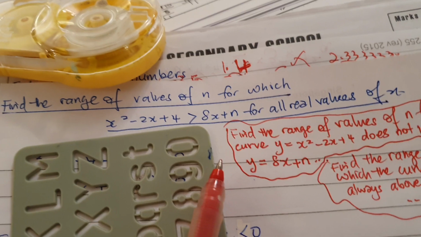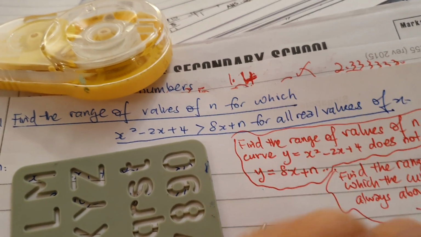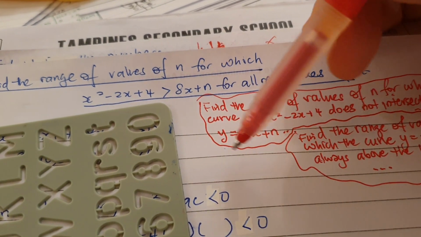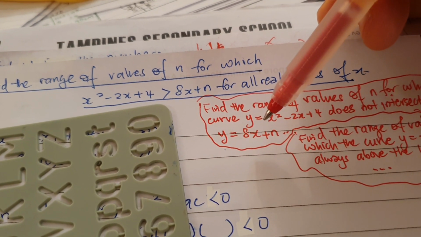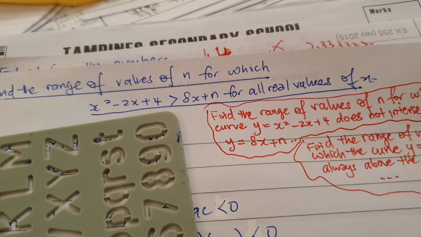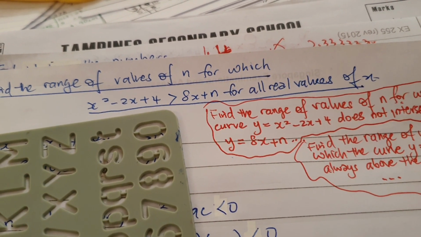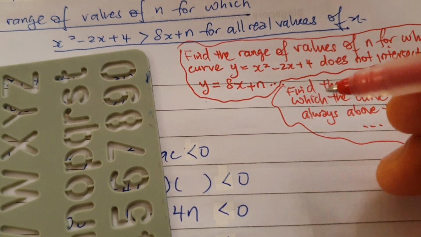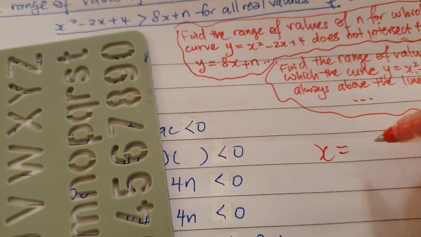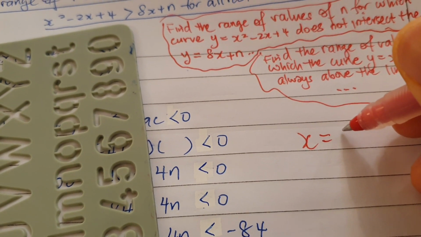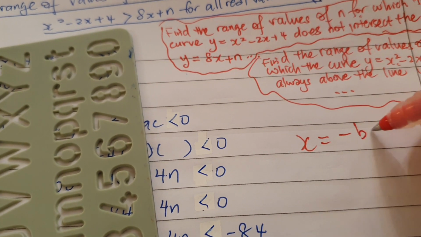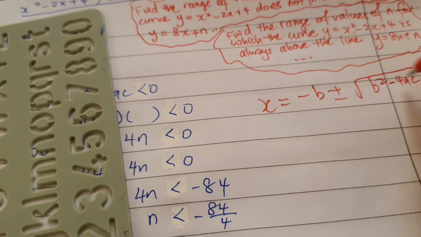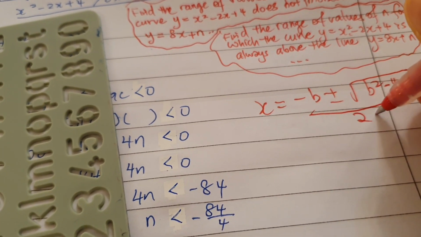Now this question, because I am trying to show that there's no intersection, so I'm going to use b squared minus 4ac. But if you remember, I mentioned before that this b squared minus 4ac came from x equals this formula, correct?